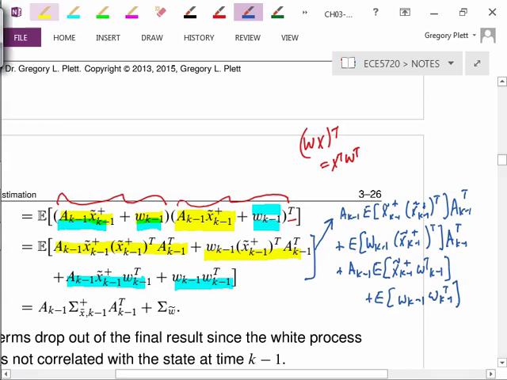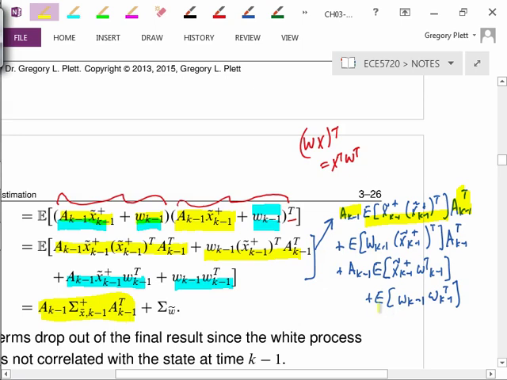What we have here is A, and in the middle, the expected value of x̃ x̃ transpose, by definition, is Σ_x̃⁺. So all of that term becomes this right here.